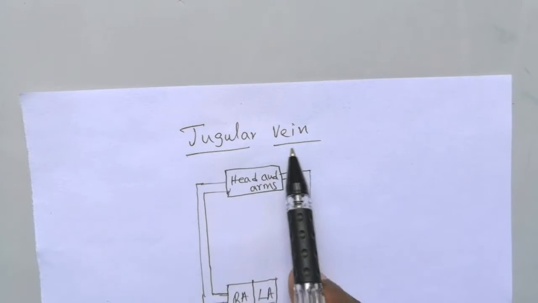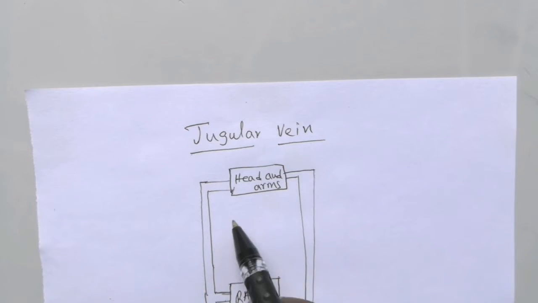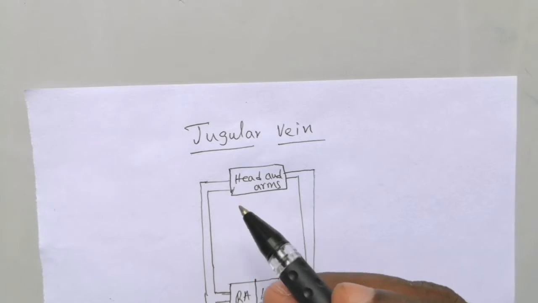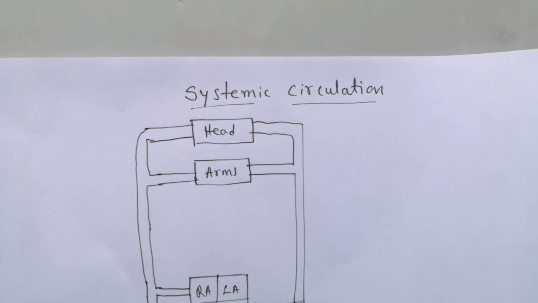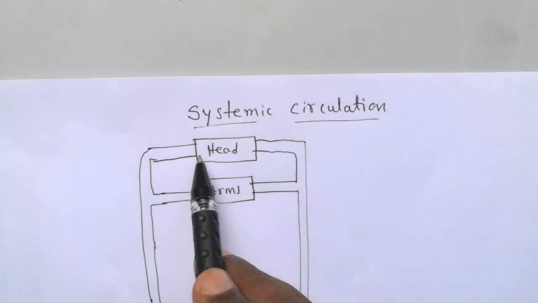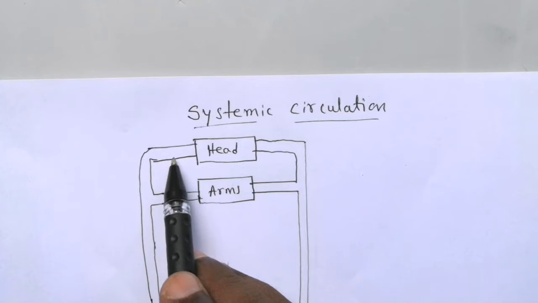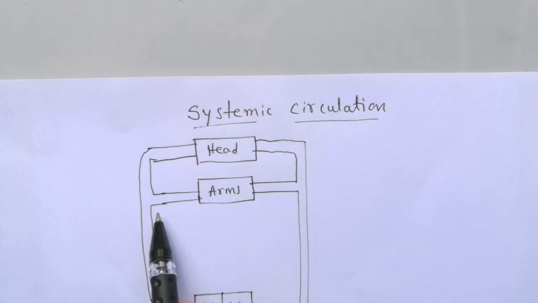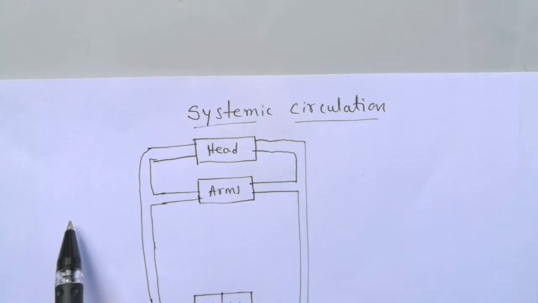What is jugular vein? Jugular vein is drawn when head and arms are shown as a united part. Whereas in the previous picture when I showed systemic circulation, the blood coming out of the head is in vein, no? That vein is called as carotid vein. The blood coming from the arms I showed as subclavial vein.